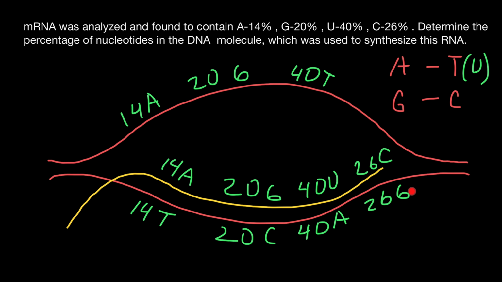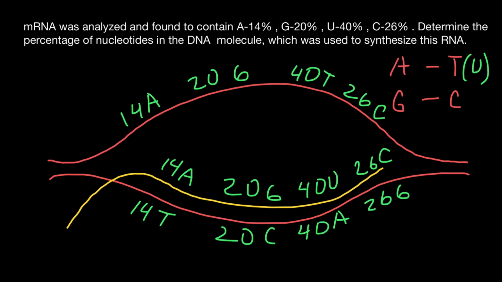And if we have 26 cytosines here, guanine base pairs with cytosine, so we will have 26 cytosines. Again, you see that the number of bases is the same as in the messenger RNA, and the sequence is also the same, with one exception: in messenger RNA we have uracil, and in the coding strand of the DNA we will have thymine instead.